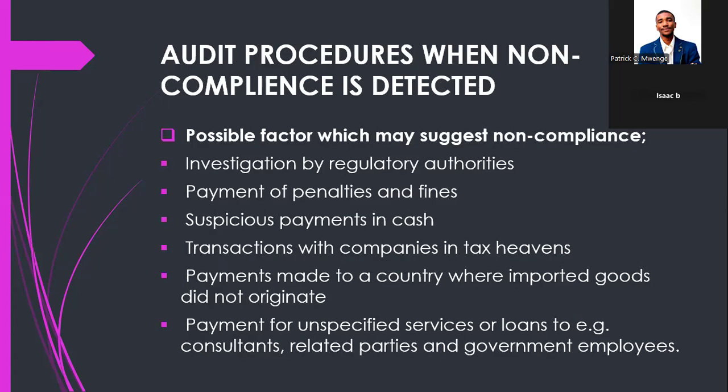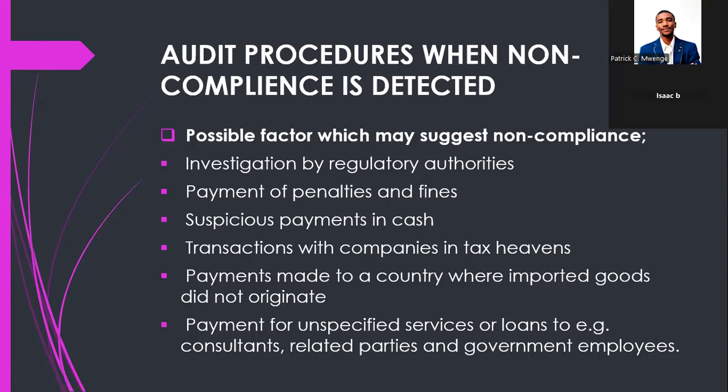Okay, so what are the audit procedures when non-compliance is detected? A company's got rules and regulations, then there's non-compliance. So what are the factors which may suggest that this company is not complying with the rules and regulations? How do we know that? One, the company is being investigated by regulatory authorities.